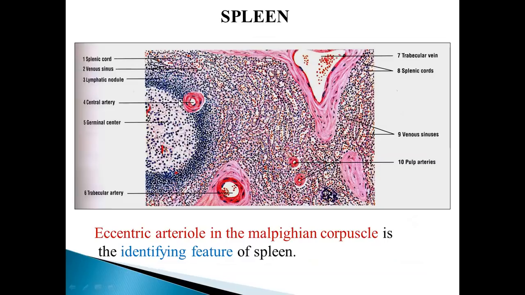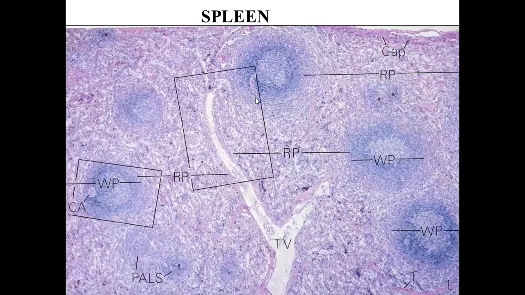Two important features: white pulp and red pulp. White pulp consists of aggregation of lymphatic tissue with an eccentric arteriole, and red pulp has a network of cords with the sinuses. Various sinuses are there, and there is an absence of subcapsular sinus.